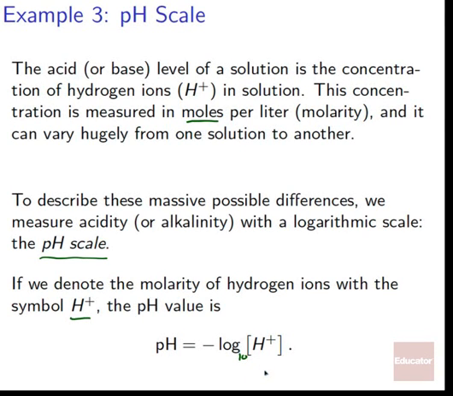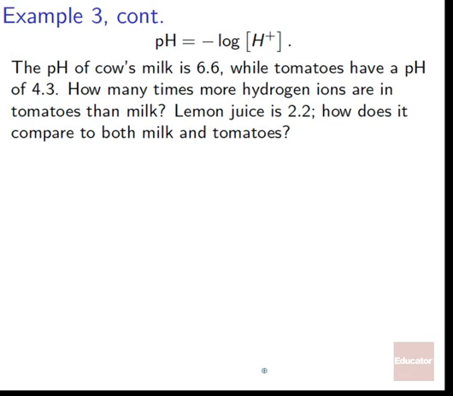Okay. With this idea in mind, we can now look at some interesting things. The pH of cow's milk is 6.6, while tomatoes have a pH of 4.3. How many times more hydrogen ions are in tomatoes than milk? So first we'll look at milk.